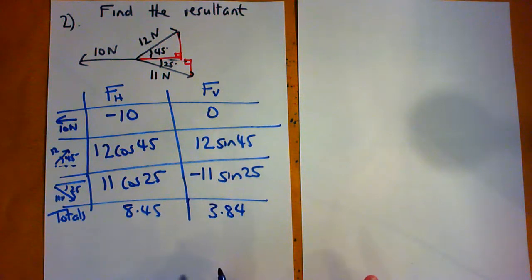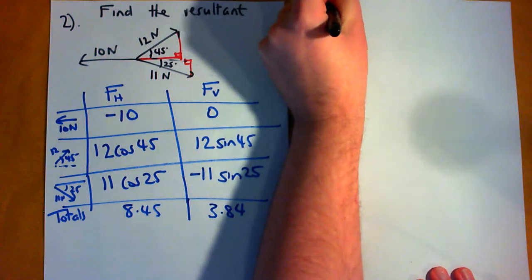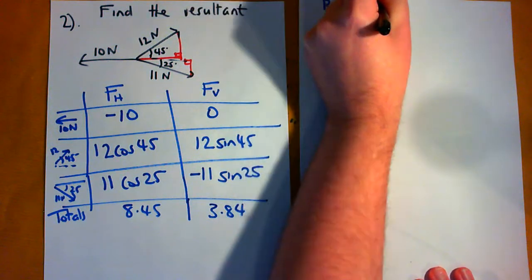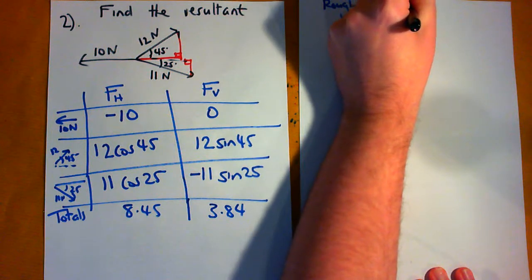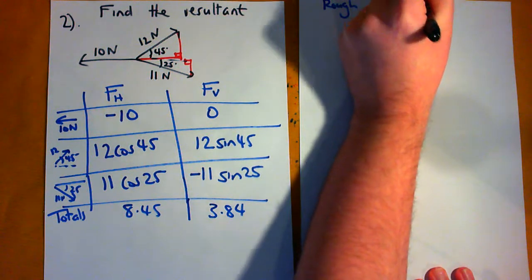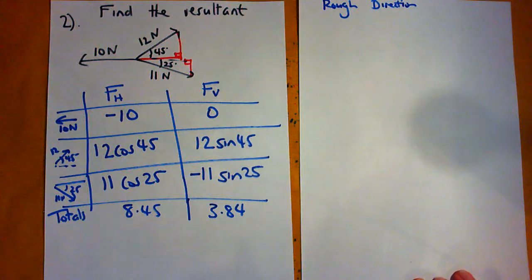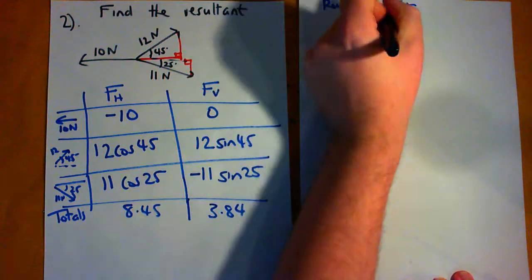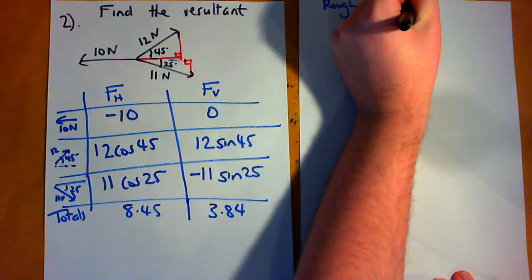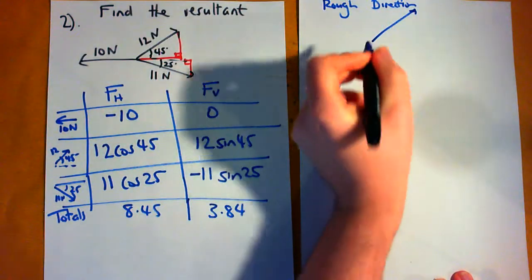Both of those are positive. And that tells us that if we work out our rough direction, since the horizontal component is positive, that's going to be pointing to the right. And since the vertical component is positive, it's pointing upwards. So that's our rough direction.